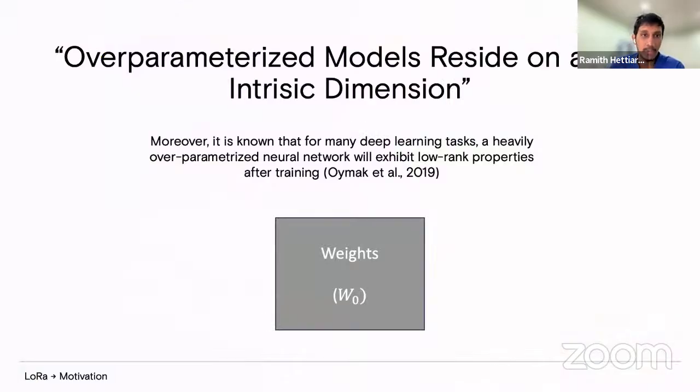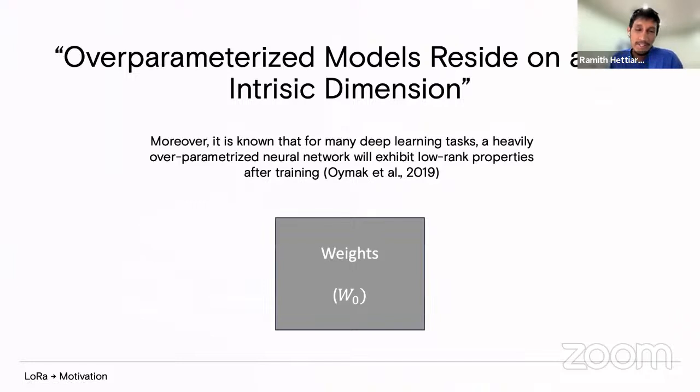So in their approach, they basically gain inspiration from a couple of papers in 2018 and 2021, I think. The main thing that they mention is that these overparameterized models reside on a low intrinsic dimension. The word intrinsic dimension was coined by a paper in 2018.